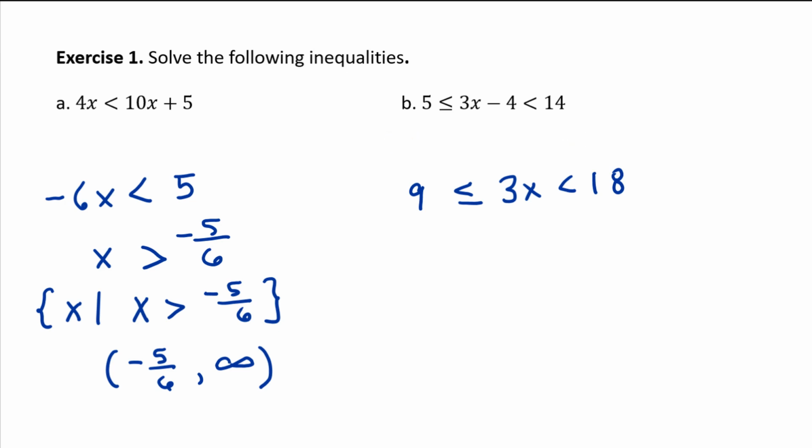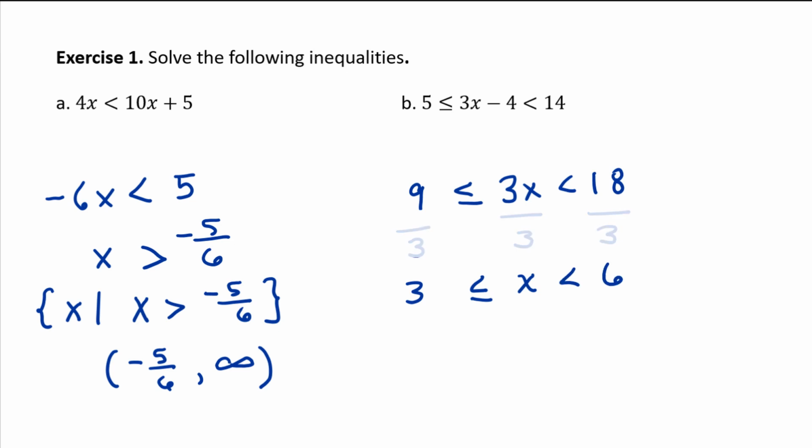Now we divide by 3 in all three parts to get the x by itself, so you have 9 divided by 3, 3x divided by 3, and 18 divided by 3. 9 divided by 3 simplifies to 3. The middle term, 3x over 3, is x, and 18 thirds is 6.